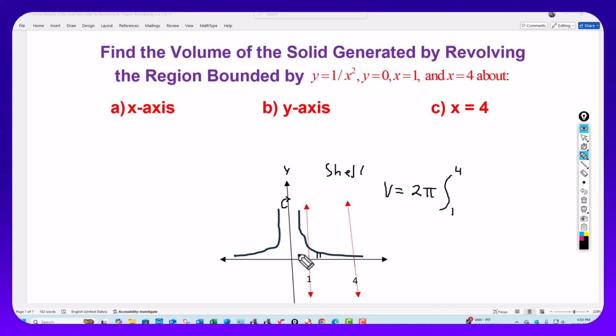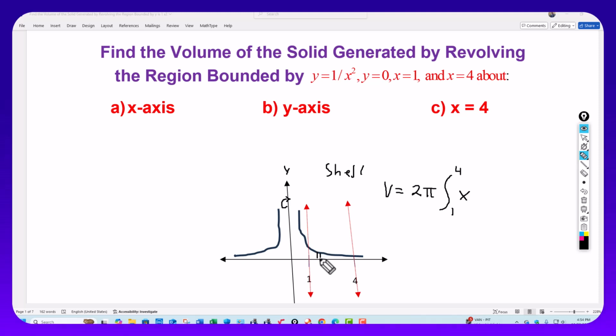And the radius then would be, again, the distance from the axis of revolution to the center. So from here to here, that's x, and we're integrating with respect to x, so that's okay. This will be x here.